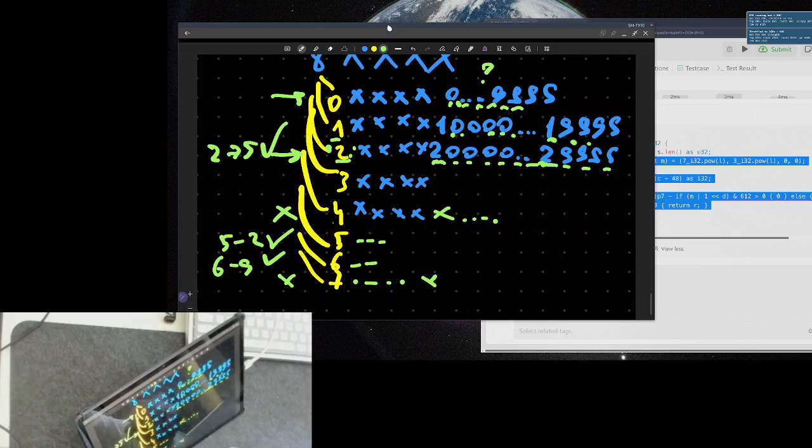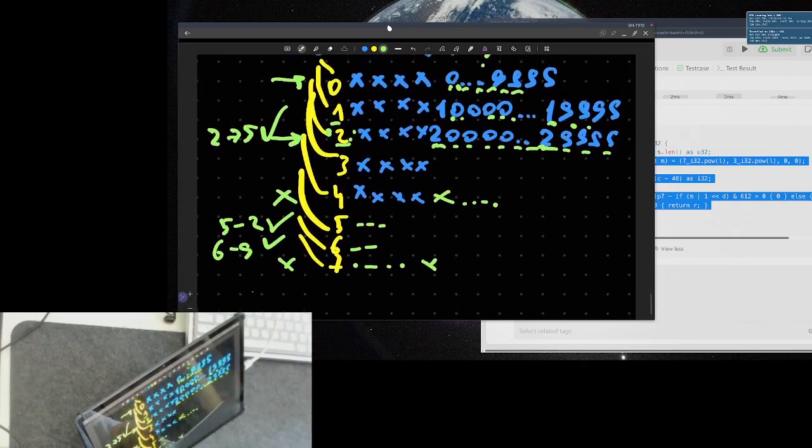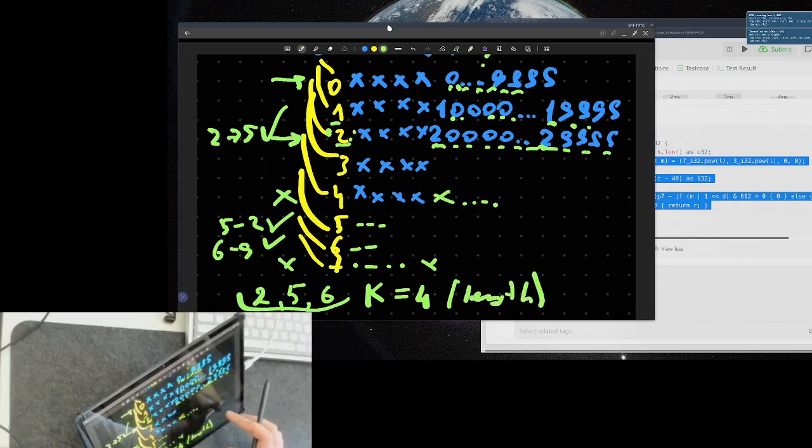So we have all these numbers. What if we say that we have numbers starting with 2, 5, 6, and they are good, and they have a tail length of 4, and the count of them is 3, so it's 3 to the power of k unique combinations.